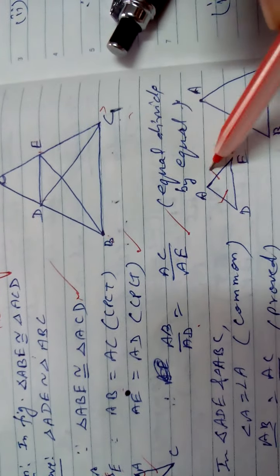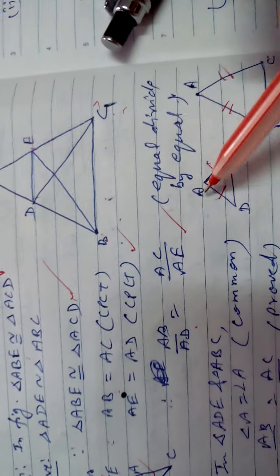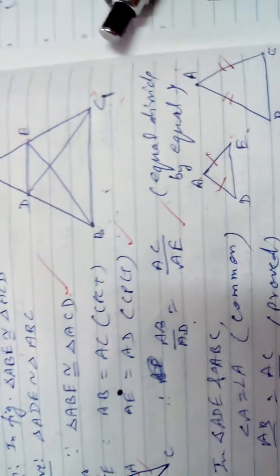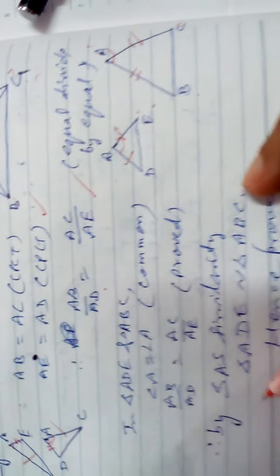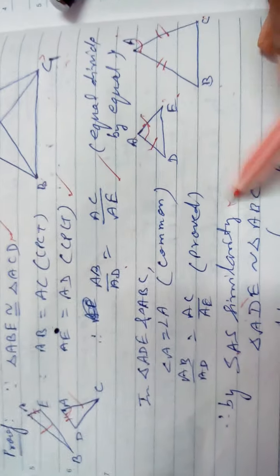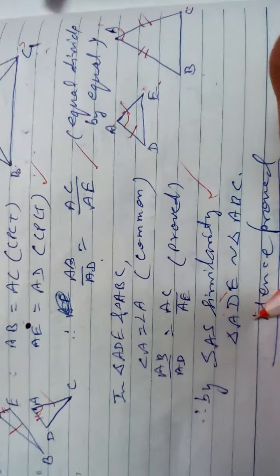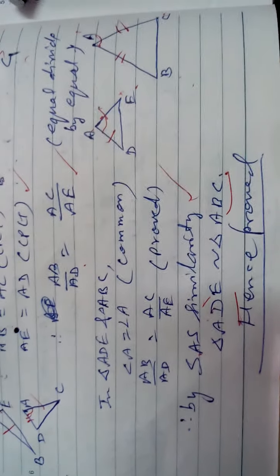This is equal to this already and this is equal to this. So AD upon AB is equal to AE upon AC because equals are equal. And angle A is common in both. So what similarity? SAS similarity you are getting, and triangle ADE similar to ABC. ADE similar to ABC, hence proved.